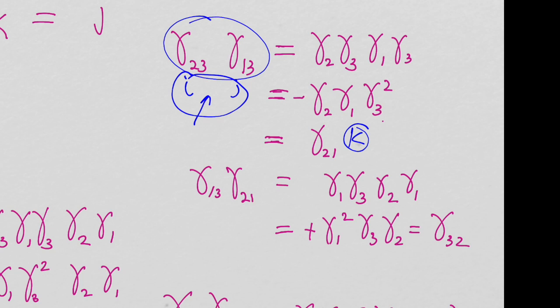The point is there's an isomorphism between gamma 2, 3, gamma 1, 3, and gamma 2, 1, and the scalar basis vector 1, you've got to include that, and the quaternions. And so there's an isomorphism between a subset of the space-time algebra.